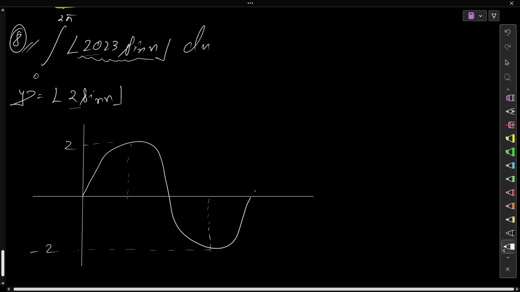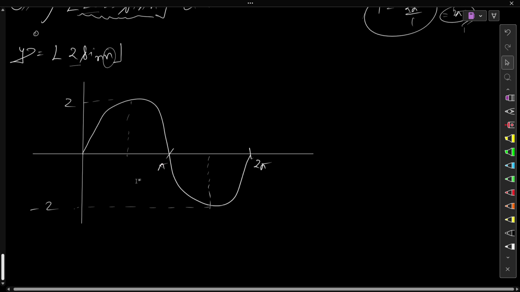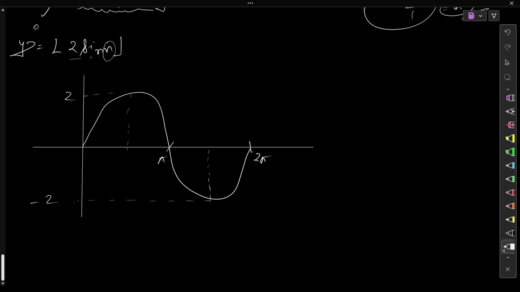Okay, from 0 to 2 pi. Its periodicity is not affected since it's still sin x. The period is determined by 2 pi over the coefficient of x, and in this case that is 1, so the periodicity is again 2 pi. From here, I'll need to plot the graph of floor of sin x.